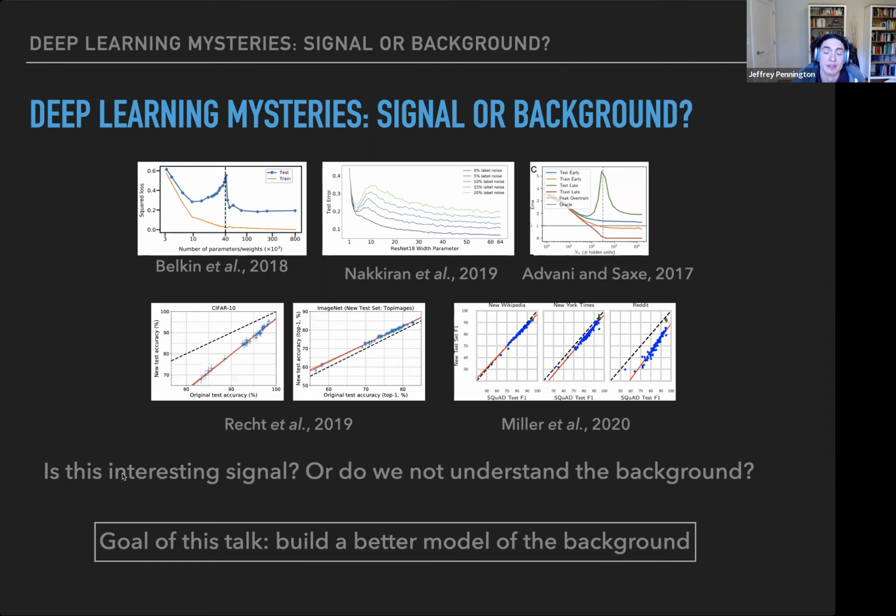And I guess the goal of this talk and of this line of work, broadly speaking, is to build a better understanding of the backgrounds, so we can actually do some kind of science. So that's the motivation, and that's some background from deep learning.